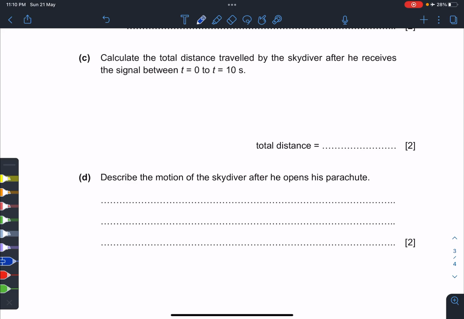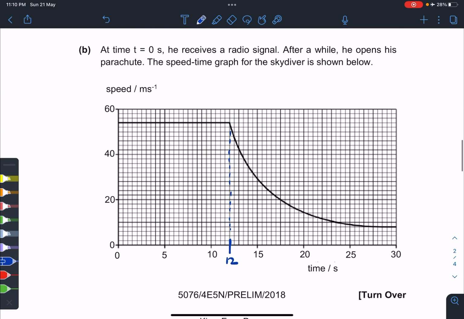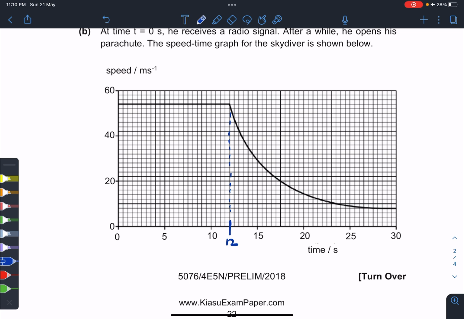Okay, part C asks you to find distance. Very simple. Look at the graph. We have a speed time graph. If you recall, I wrote this down before. Gradient is basically y-axis divided by x-axis. So in this case, it's speed divided by time.